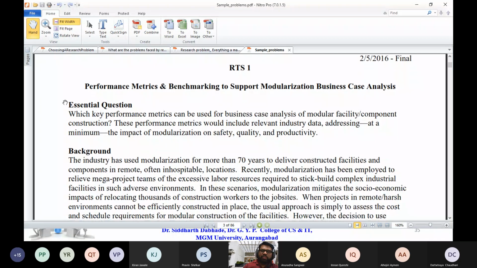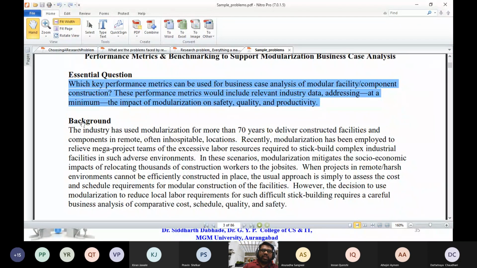So first is the essential question. What is this problem? And why have you chosen such a problem? What are we going to analyze in future? These are the essential questions you need to analyze here. Then what is the required background to solve your research problem in your research domain?